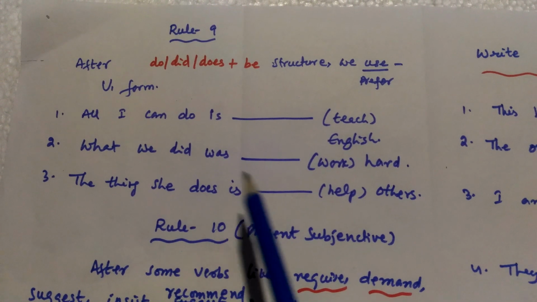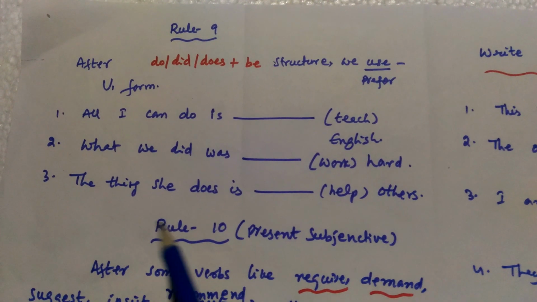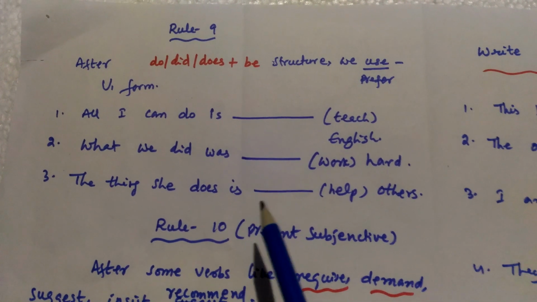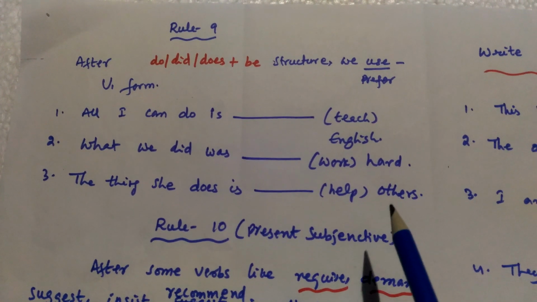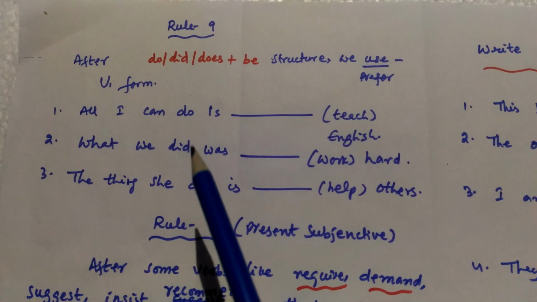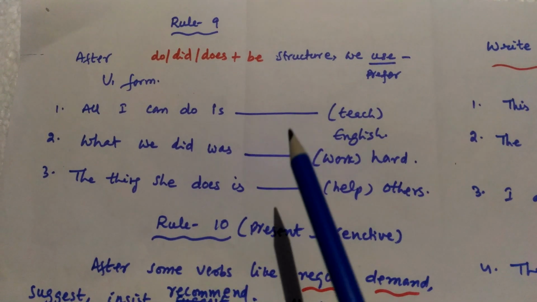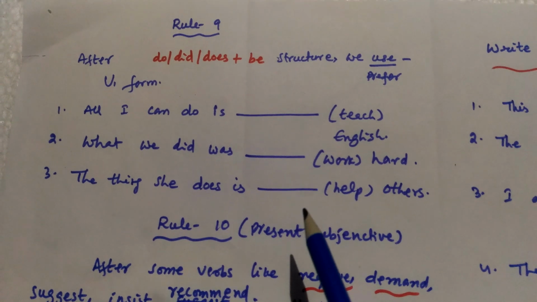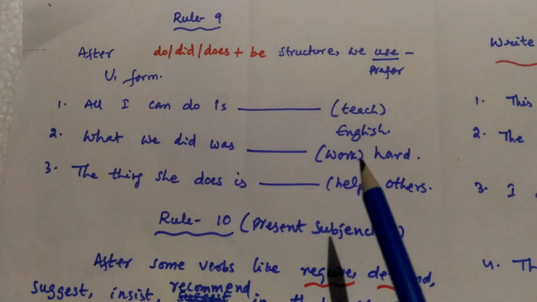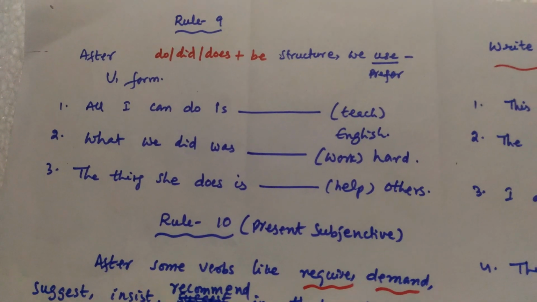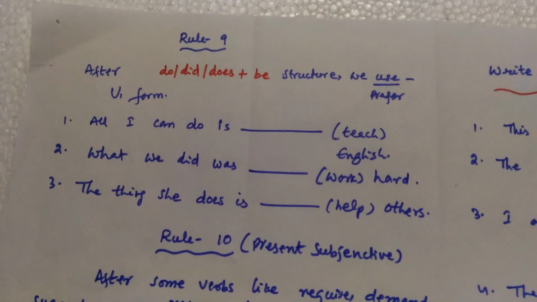What we did was work hard. The thing she does is help others. So, in this way, after do, did, and does, and be form is there, we have to write only verb 1 form. Now, let us see another rule, that is rule 10.